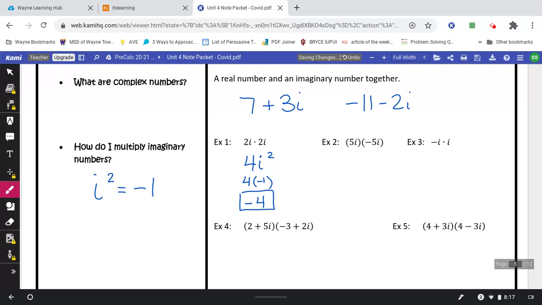Example 2, I multiply those together to get -25i squared. i squared is -1, so I can replace that with -1. Then you can multiply those two together to get positive 25.